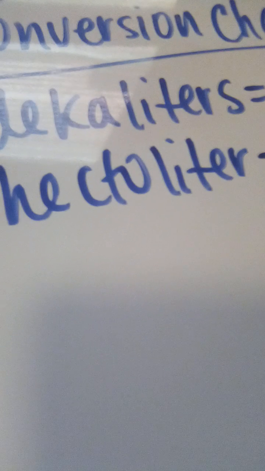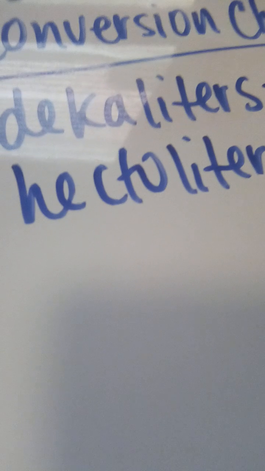We have 10 deciliters equals 1 hectoliter, and 10 hectoliters equals what we're looking for, 1 kiloliter.